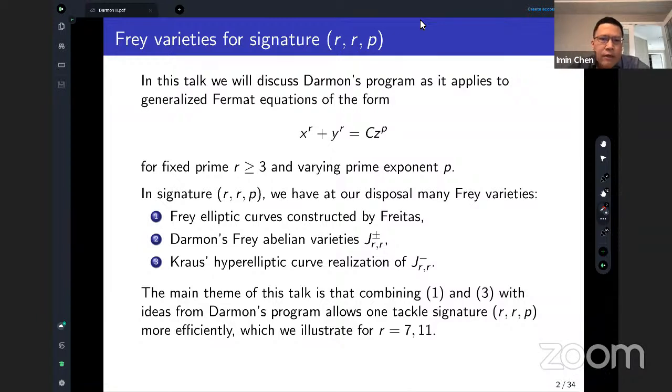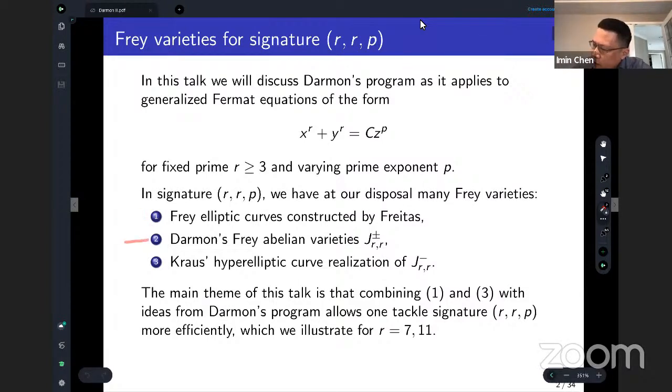A very nice thing is that we have at our disposal many choices of Frey varieties, which have been discussed in the previous talks on the modular method. First of all, we have the Frey elliptic curves, which were constructed by Nuno Freitas in his thesis.